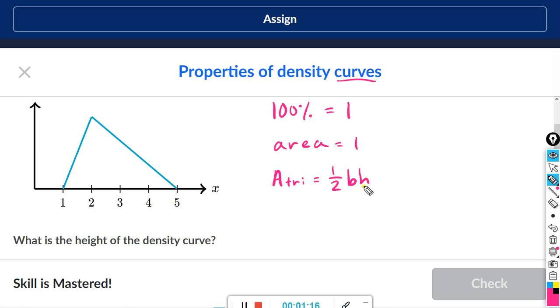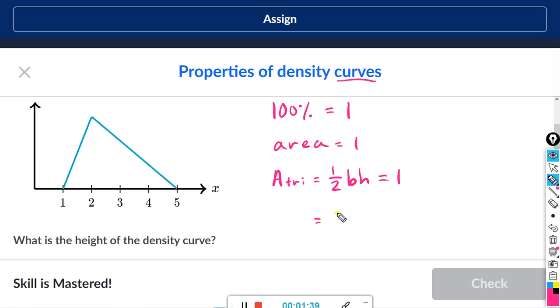Okay, and remember, the base and the height are always perpendicular to each other. They make a right angle to each other. All right, so we're going to set our area equal to 1. And then we can plug in some values, or just one value actually.